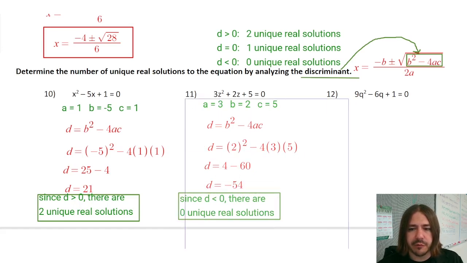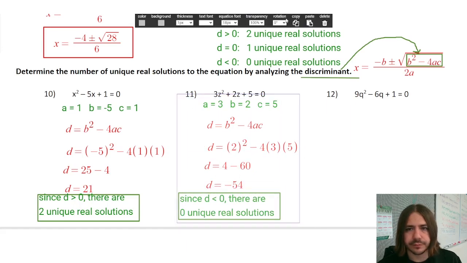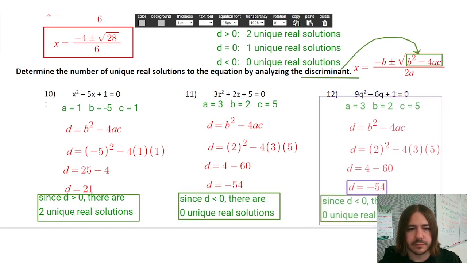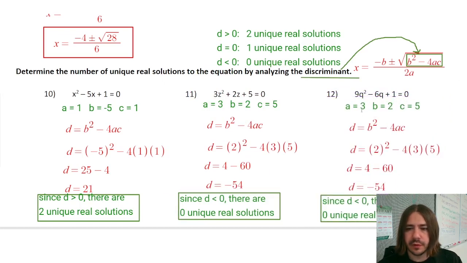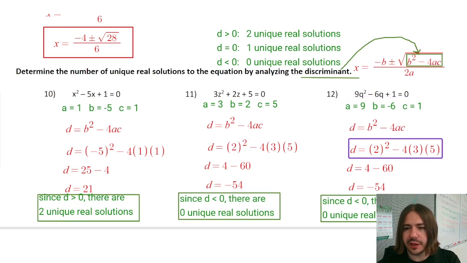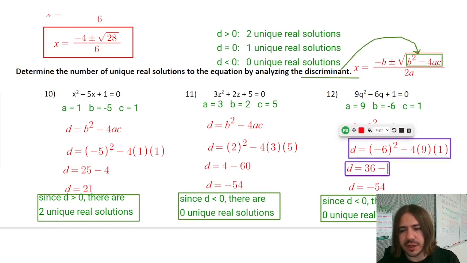All right, so there's number 11. We'll do this one more time for number 12. For number 12, A is 9, B is -6, and C is 1. So we'll plug all that in, B being -6, A is 9, C is 1. -6 squared is 36. 4 times 9 is 36.